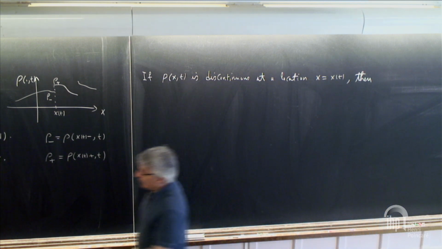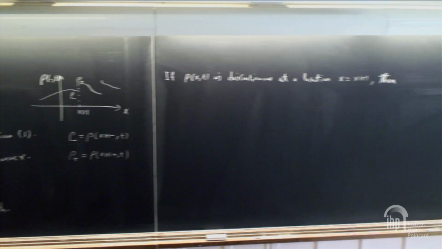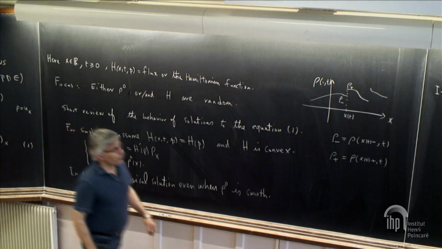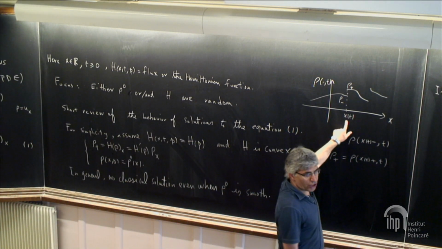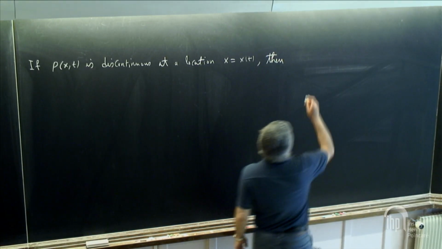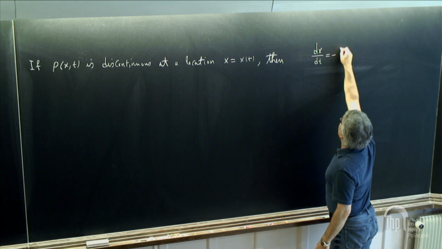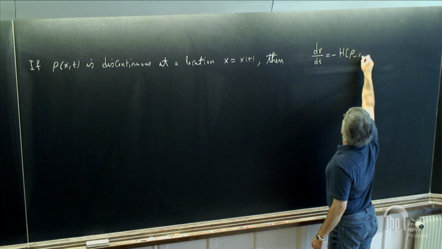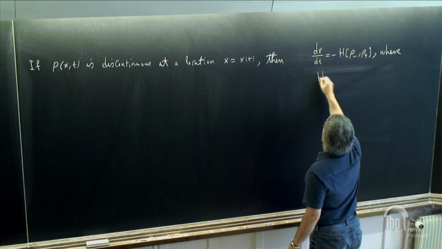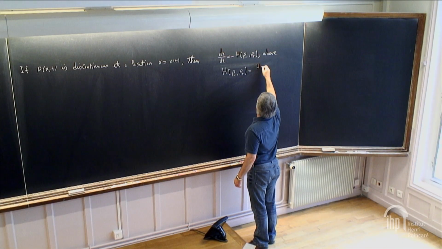If you look at this, there is no classical solution, but you may write this in some weak sense. The fact that rho is a weak solution to this equation would force an ODE for the location of x(t) in terms of the left and right values. And the ODE would say that the speed of the location of the discontinuity would be negative H(rho minus, rho plus), where H(rho minus, rho plus) is this ratio.